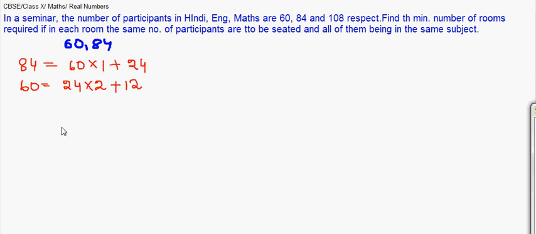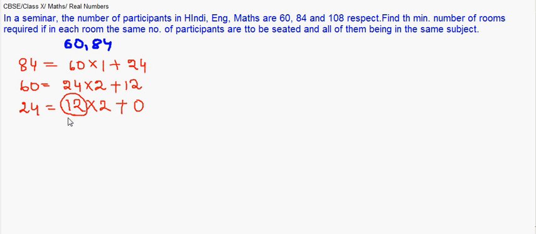So now I'll be expressing 24 in terms of 12. So 12 into 2, 24, that is 0. So the HCF of 60 and 84 is giving me 12.